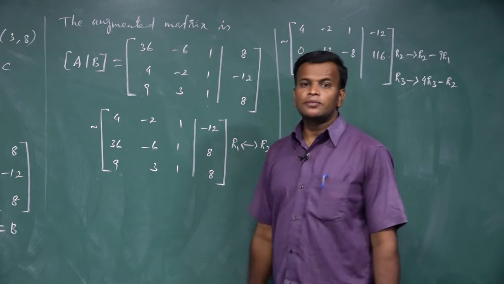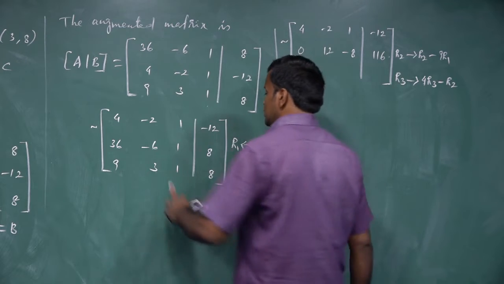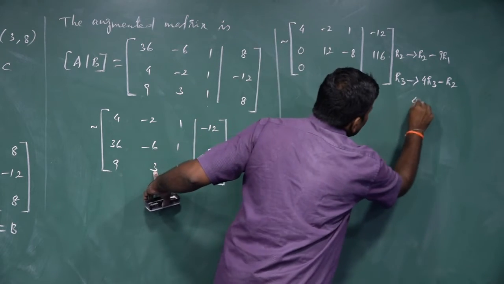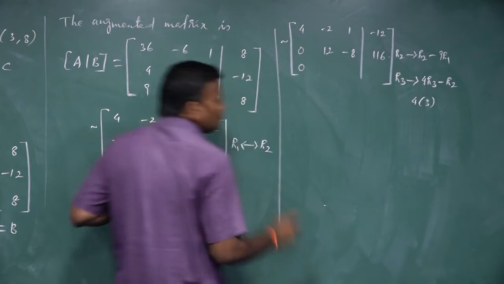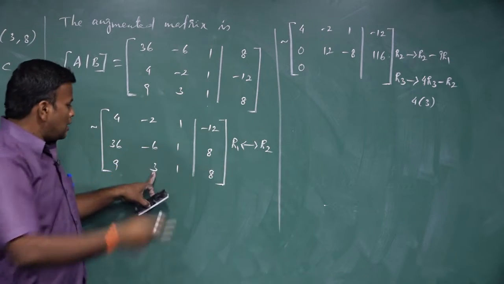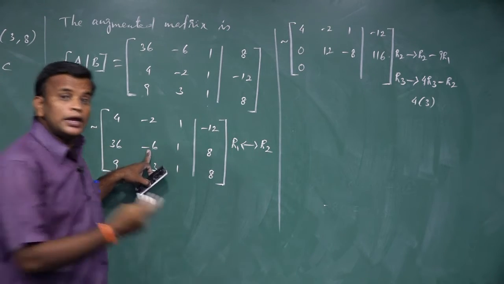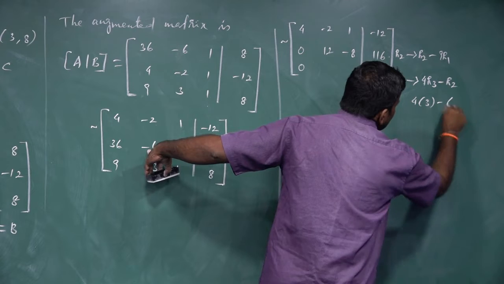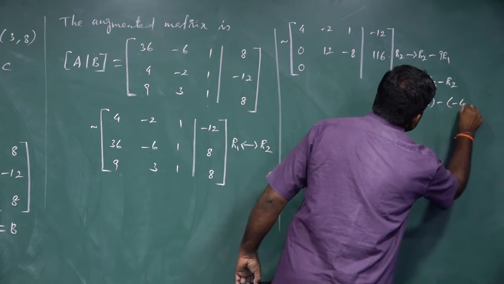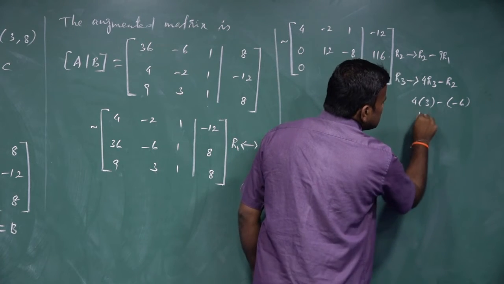The number 3 becomes: we write R3 as 4 into 3. 4 times R3 minus R2, minus the corresponding element of R2, which is minus 6. You see, 4 3s are 12.